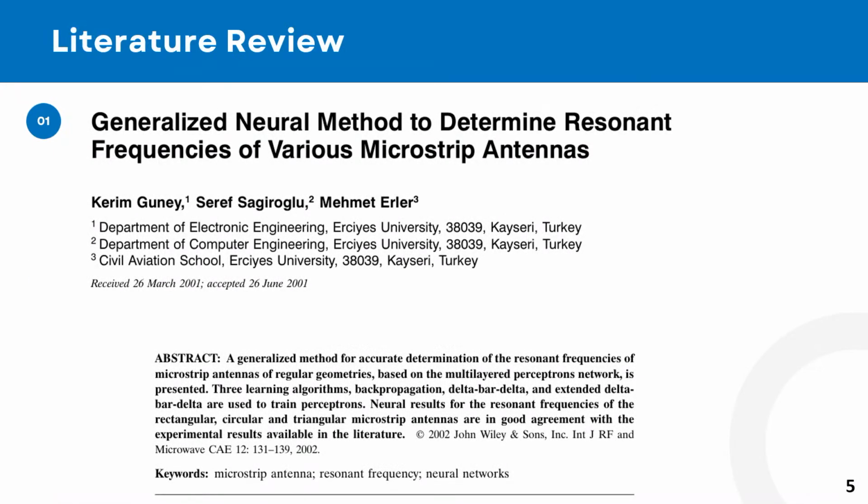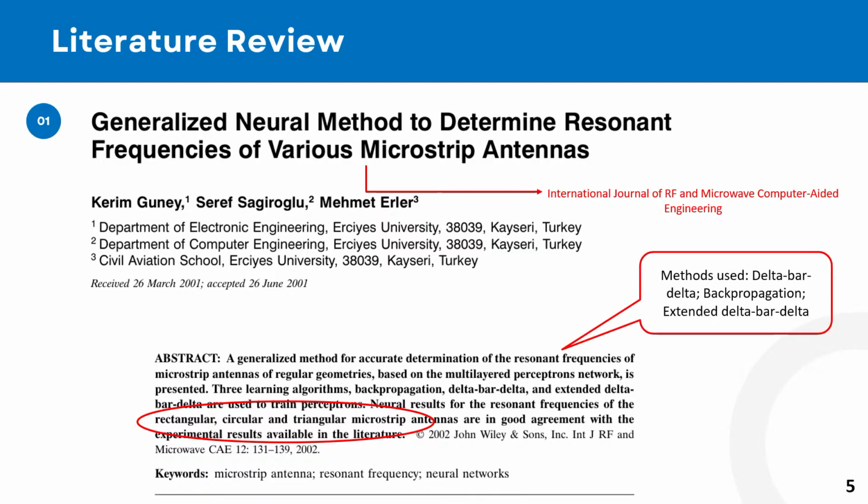Now this is a very short review. These papers I am displaying because we have compared our work with them. They worked on circular, triangular and rectangular microstrip antennas, and they used machine learning algorithms like delta bar delta, back propagation and extended delta bar delta.